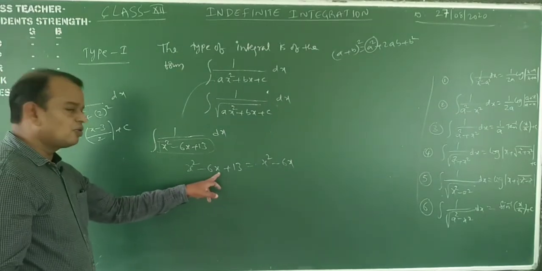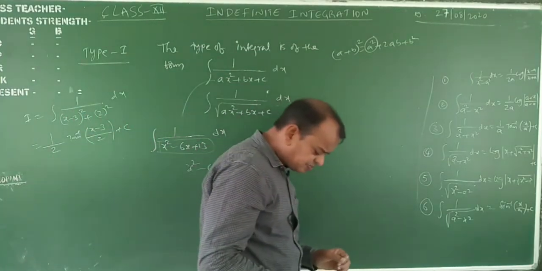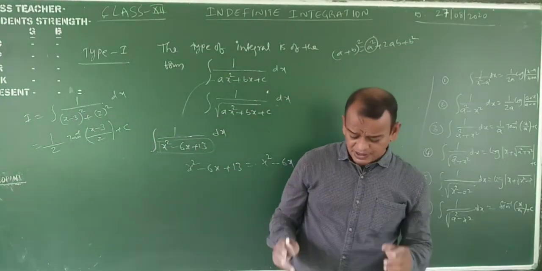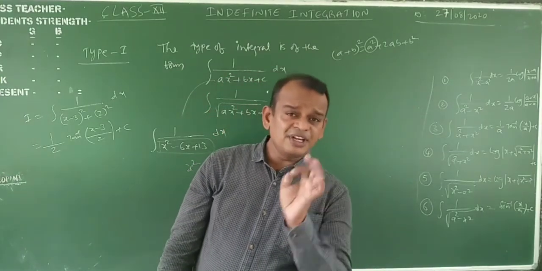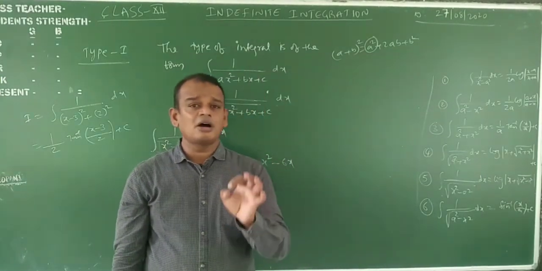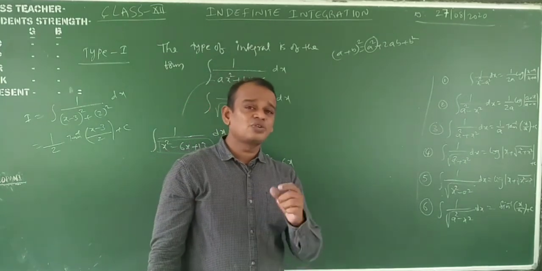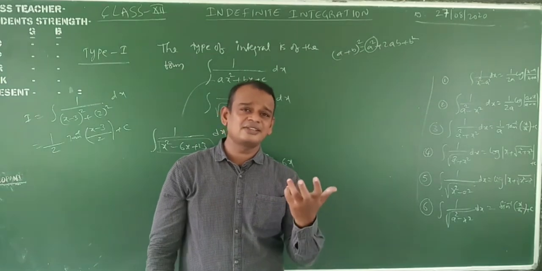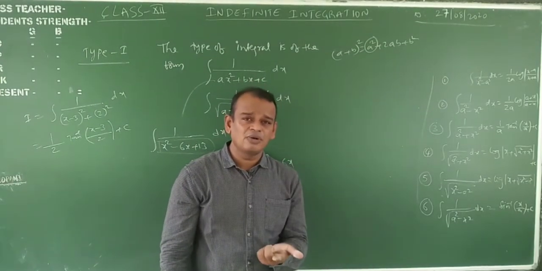After that, you observe the coefficient of x. Here the x coefficient is 6, not worrying about the sign. You will take half of the x coefficient, because 2ab is there. For example, if the x coefficient is 1, half is 1 by 2.